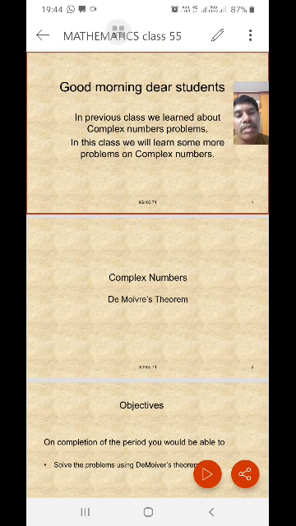And this complex number chapter is very easy. Most of the questions are proofs, that means the question is there and the answer is also there. There are very few formulas and very few properties.